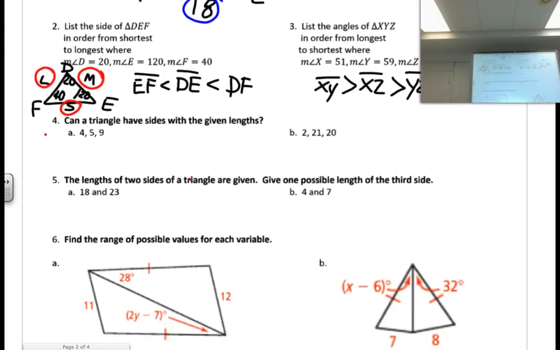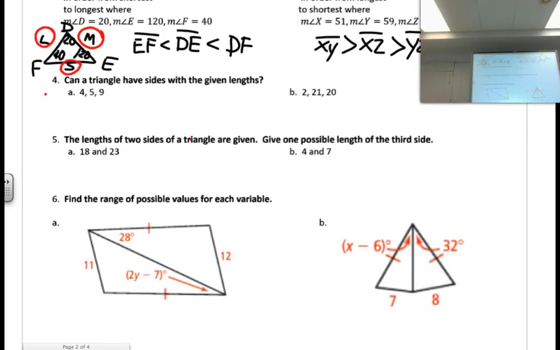Can a triangle have sides with the given lengths? Now, when we're determining whether or not 3 lengths that are given can make up a triangle, we're using our strategy of the small plus the medium has to be greater than the large.